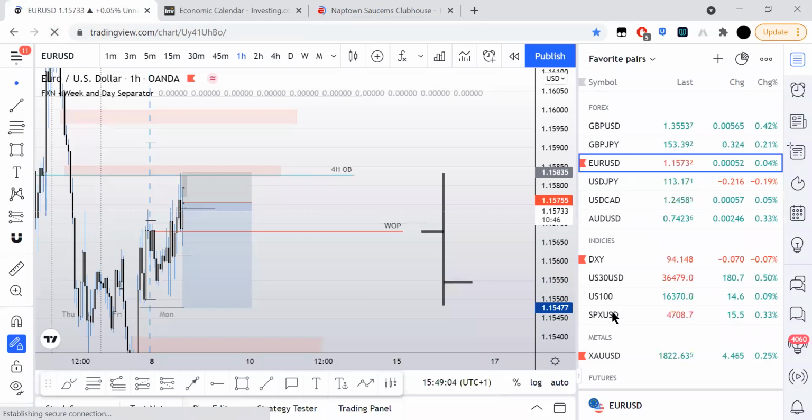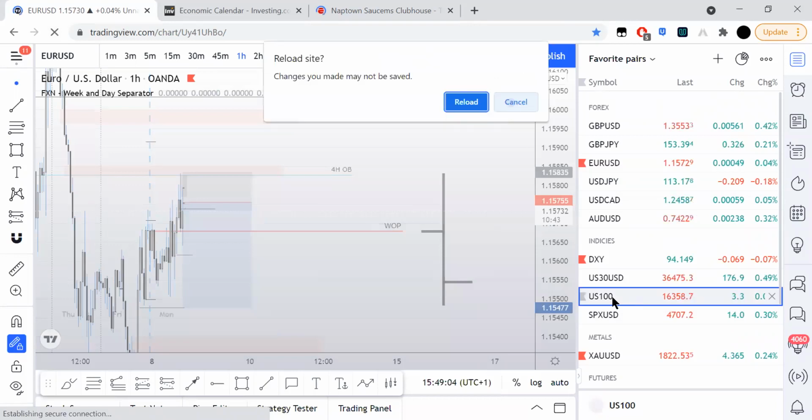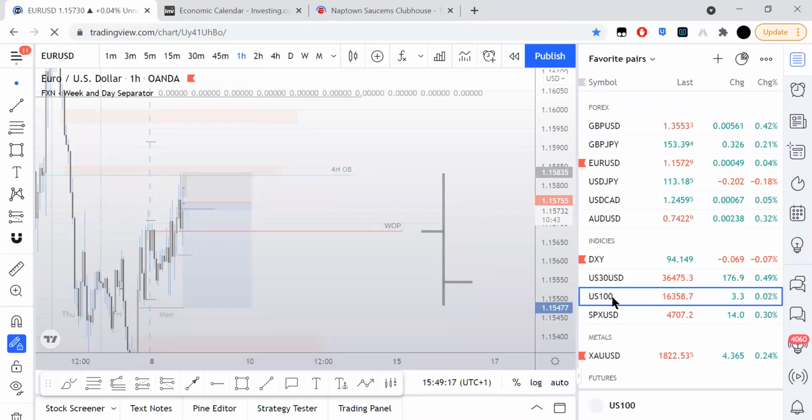Damn, this shit's taking forever to load, bro. So my chart. All right, let me check NAS real quick. Hey, am I lagging y'all whenever I speak? Or is it cool? Hopefully it's cool. Bro, my TradingView does not want to load.